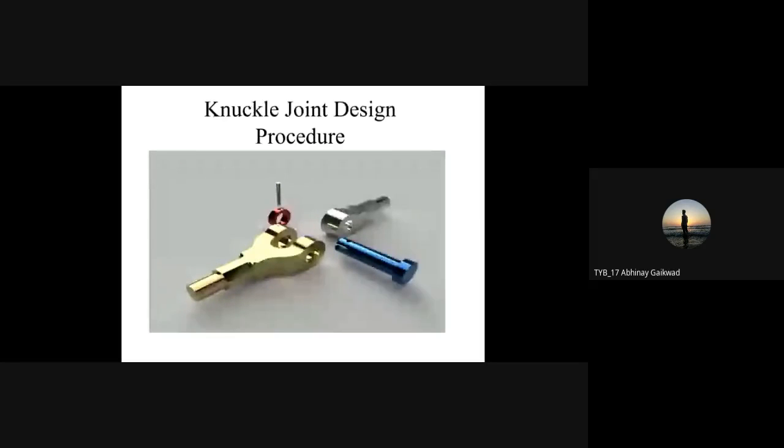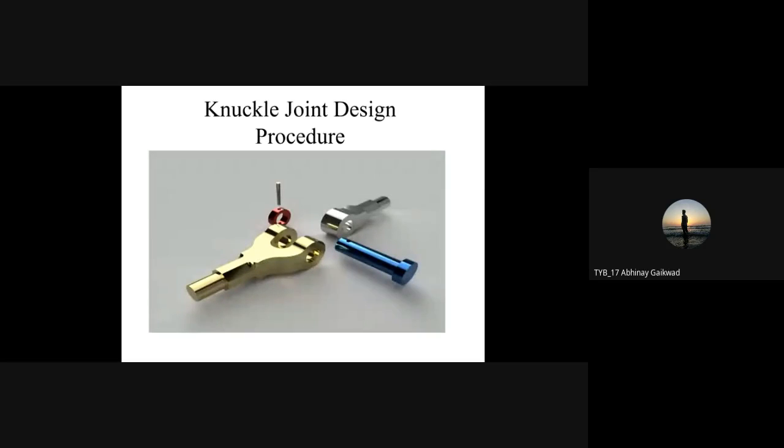Now, what are the degrees of freedom? You know that if a particular mechanism allows relative motion between various links, we say it has a degree of freedom. If you compare the knuckle joint with the quarter joint, the quarter joint does not have any relative motion between the various links connected with each other, that is, the socket, spigot, and quarter.